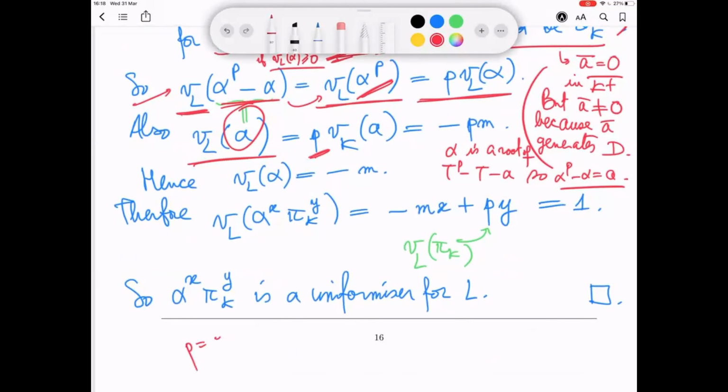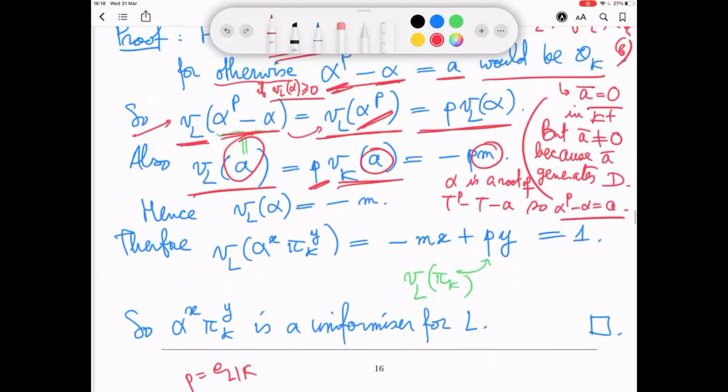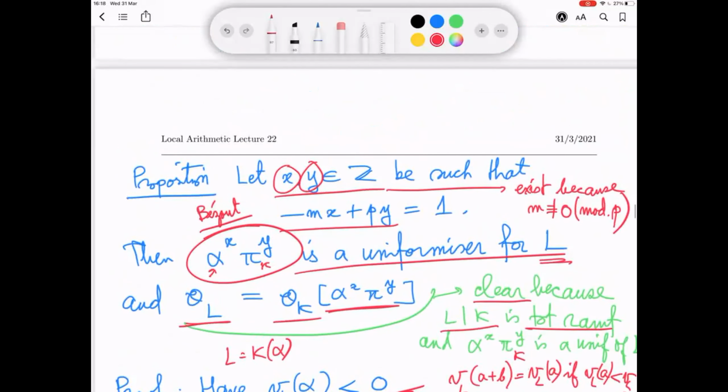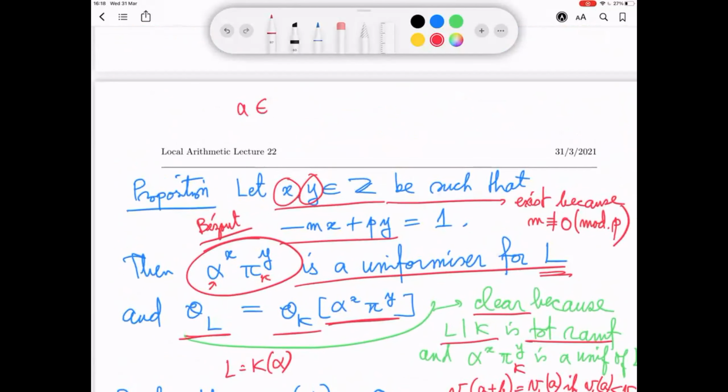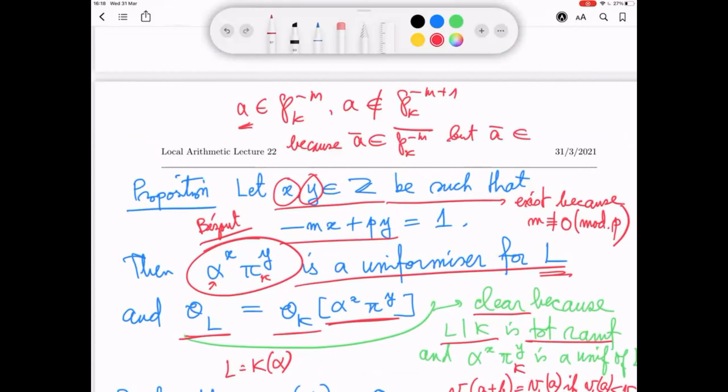P is equal to EL over K times VK of A, but VK of A is equal to M. Because this A belongs to PK minus M, and A does not belong to PK minus M plus 1, because we had chosen A bar to belong to PK minus M bar, but A bar does not belong to PK minus M plus 1 bar.